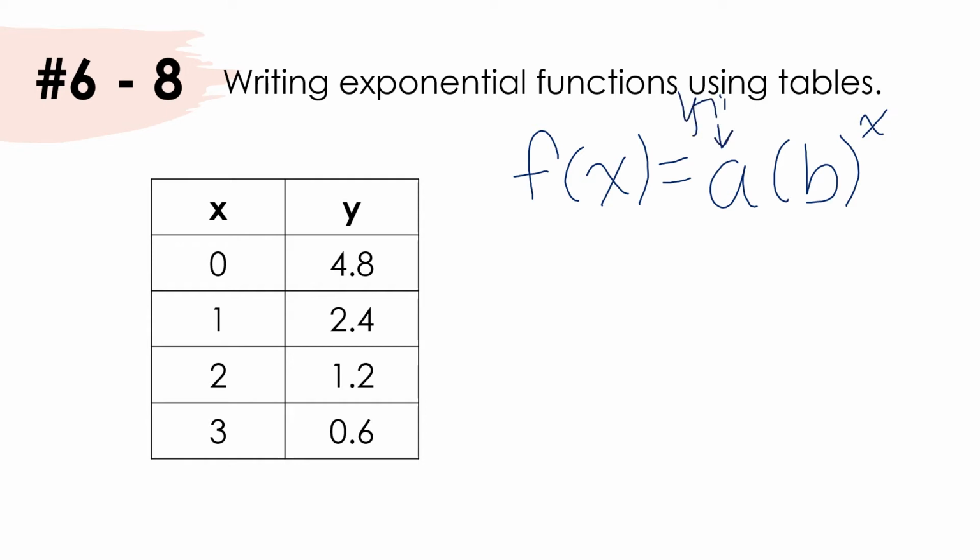So when you're looking at a graph, visually, you look for the point where it crosses the y-axis. But I don't have a graph here, so in a table, it's going to be when the x is 0. So if we look for when the x is 0, you can see our y-intercept is 4.8. So a is 4.8.